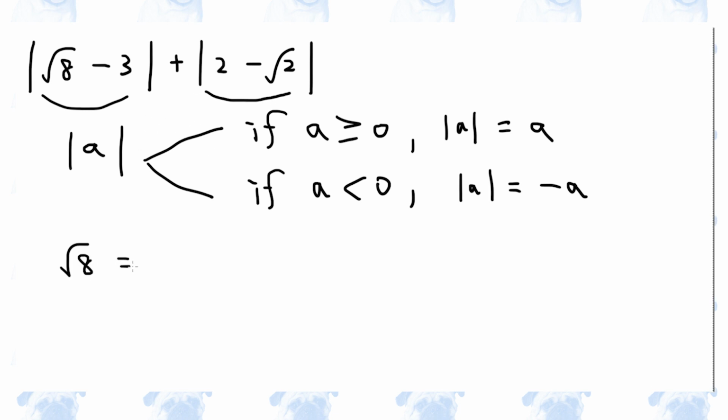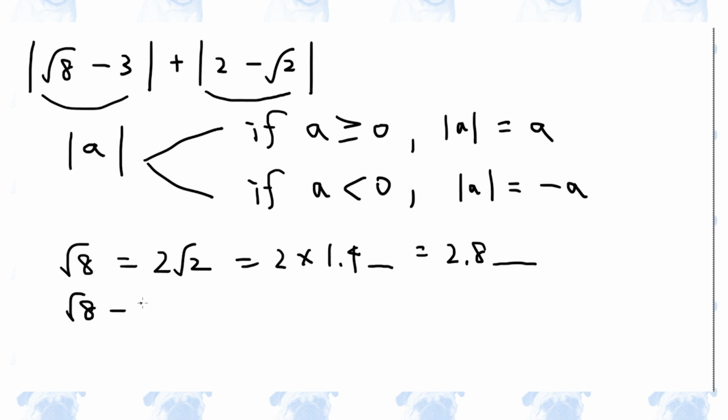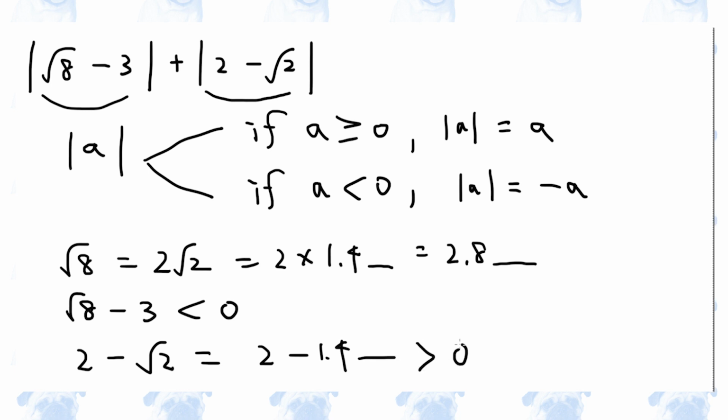First, root 8 is 2 root 2, which is 2 times 1.4 something, which is about 2.8 something. So root 8 minus 3 is less than 0. Likewise, 2 minus root 2 is 2 minus 1.4 something, which is greater than 0.